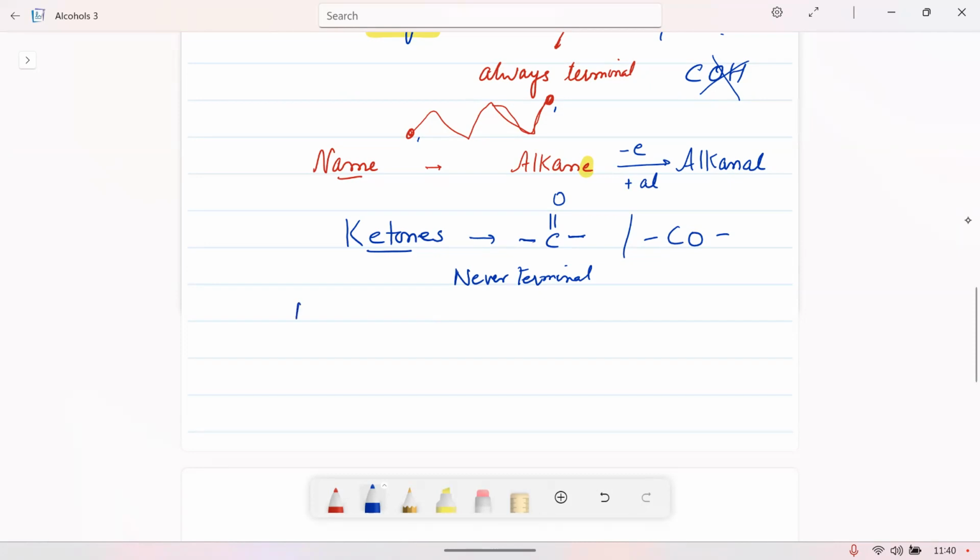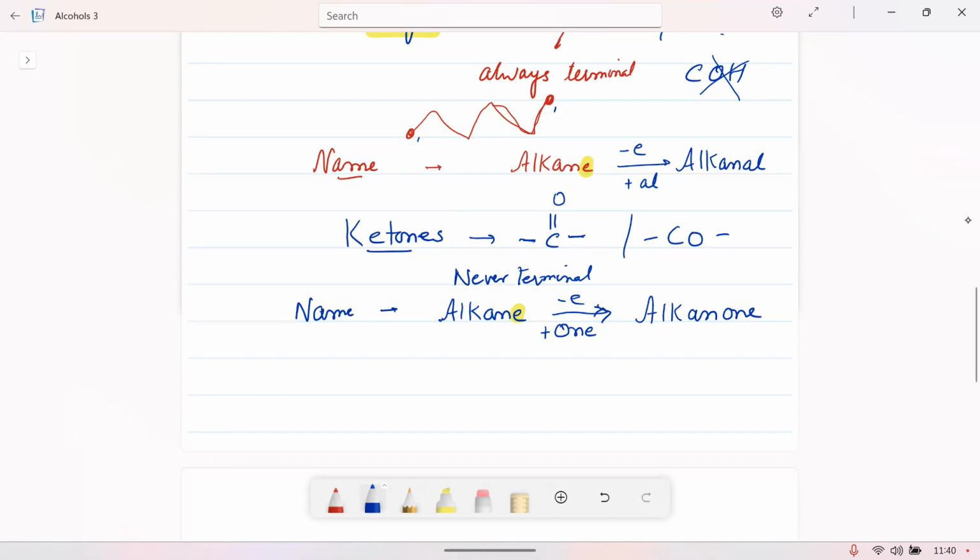And how do you name them? Naming is again based on the name of an alkane. You remove the E and add one to it. So it becomes alkanone.